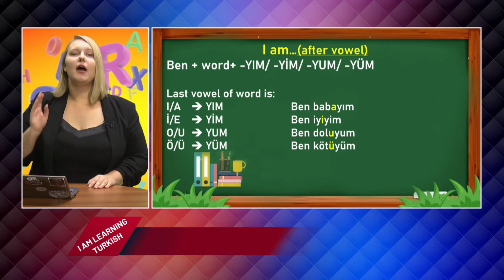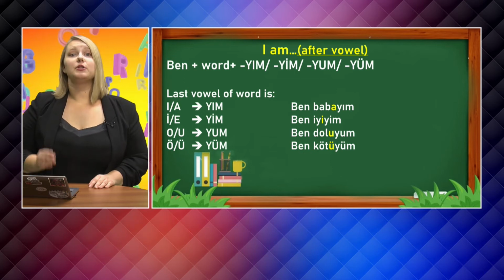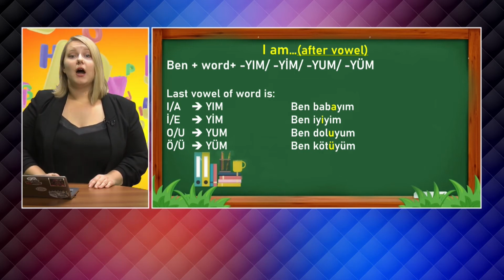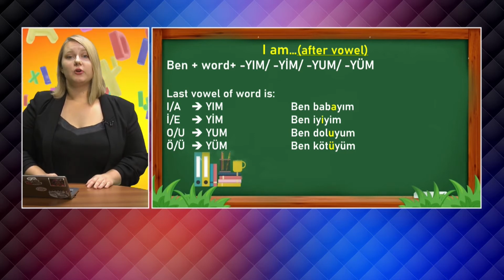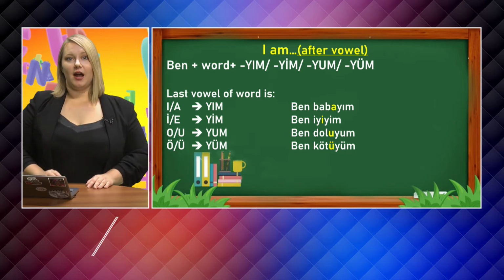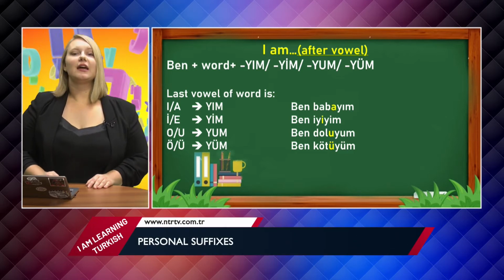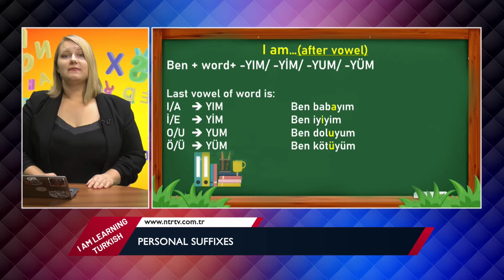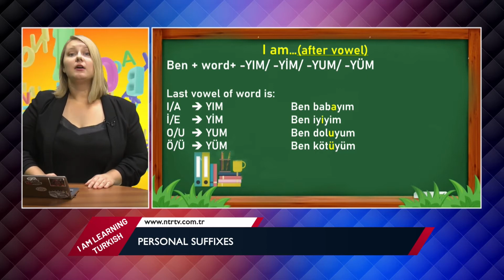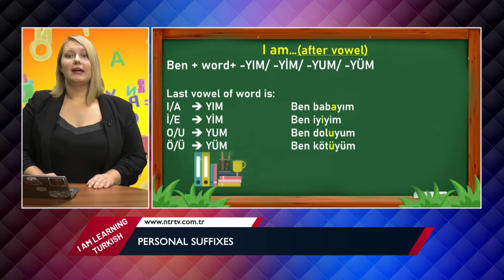It's a really hard mixing, but we have to go with it. So if our word finishes with a vowel, we are adding firstly ye and then our nice suffixes. As an example, the word baba finishes with a. So we will add ye and: Ben babayım.